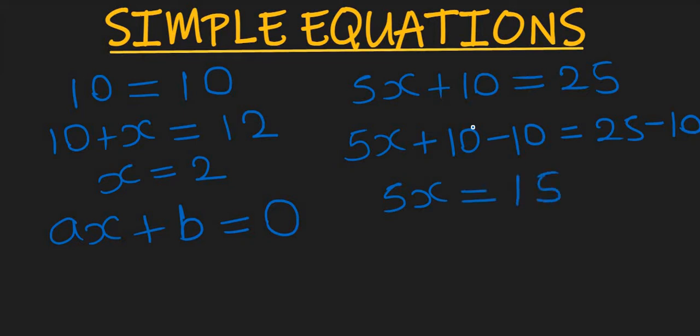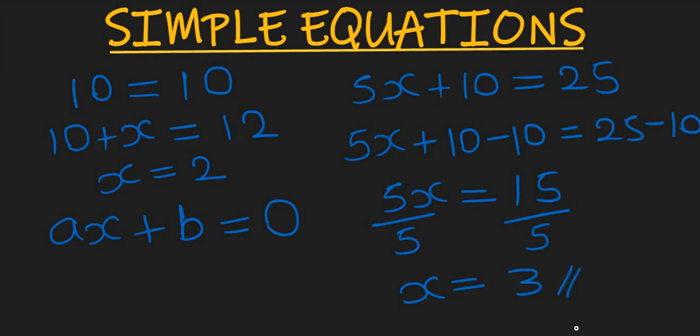Now in this case, 5 multiplied by x is equal to 15. Therefore, in order to separate x, the unknown variable, we have to divide this expression by 5. If we divide 15 by 5, we get 3.